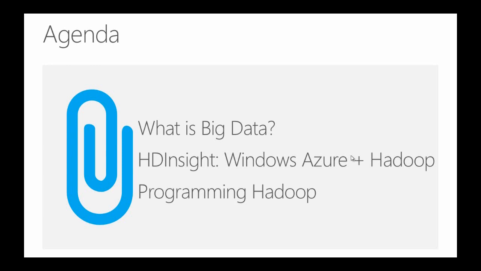And we'll take a closer look at the programming tools that are available. By the end of the presentation, you will have a good understanding of what big data is and also how HDInsight along with Windows Azure can be used together to tackle big data problems and also to support important business decisions based on big data processing.